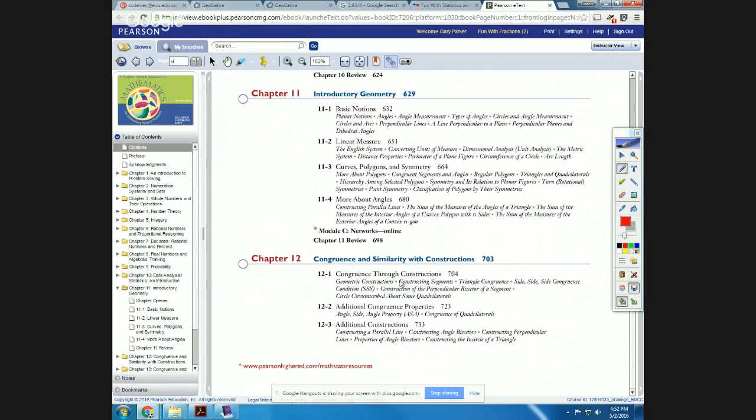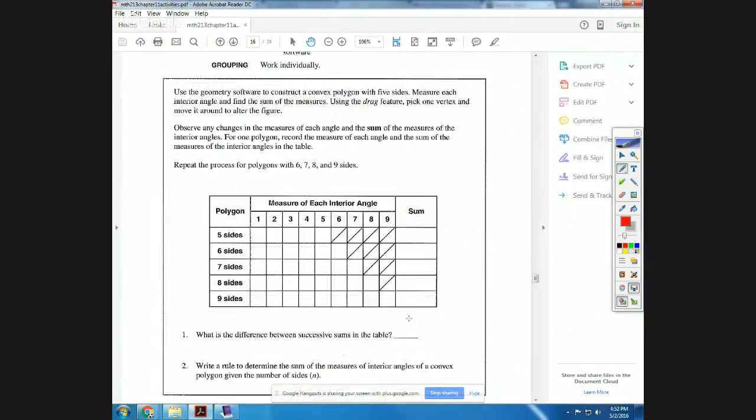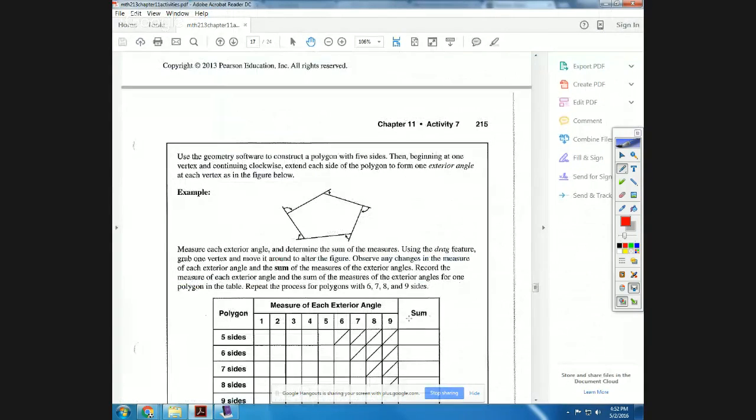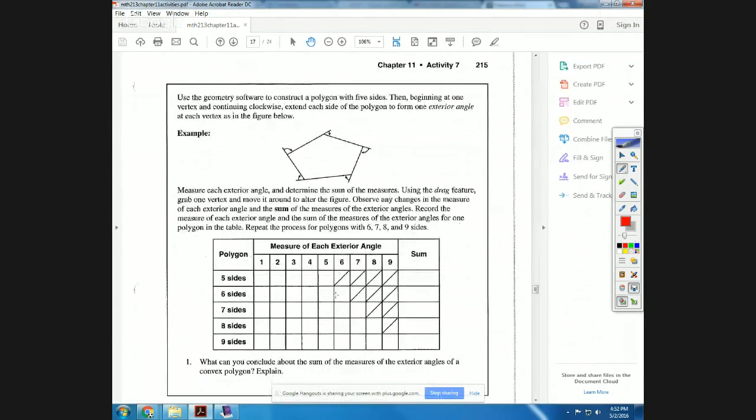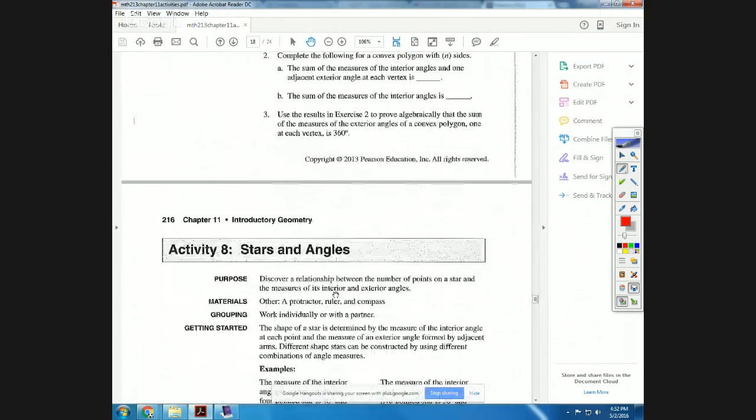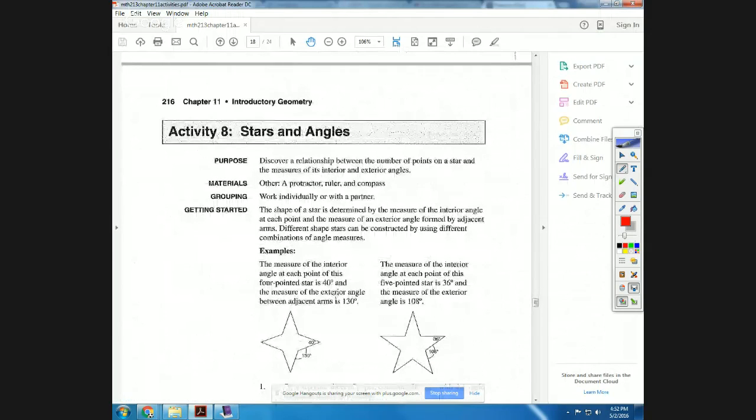Let's see, there was one other thing. Oh, yes, I remember now. We talked about, and Greg followed me around with the camera to kind of finish off the ideas in Activity 7. So I traced out on the ground the idea of coming up with exterior angles.